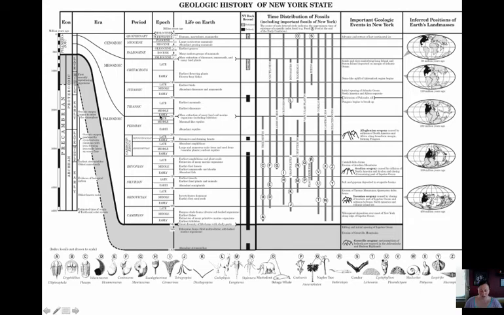Okay, so there's a couple of notes that I want to put on here that I think are important for us to keep in mind. One, over here in the important geologic events, you'll notice they use the word orogeny whenever we've got these little mountain drawings. So I want to define that in here since that's an often forgotten term. If you remember, an orogeny is simply a mountain building event.